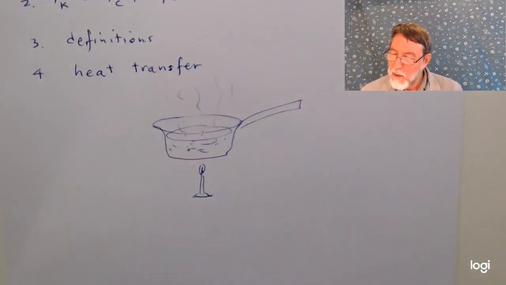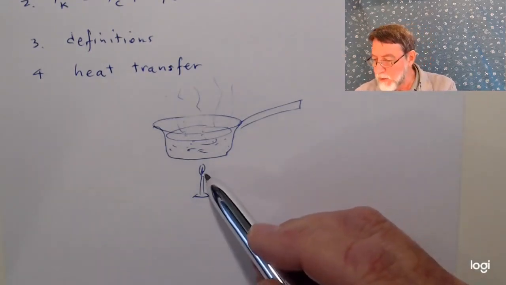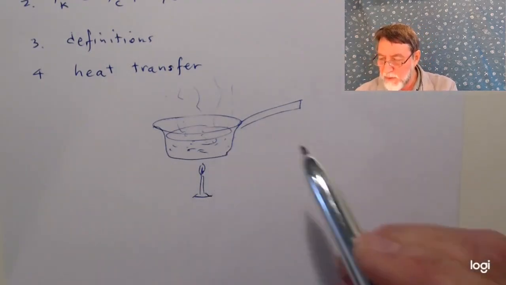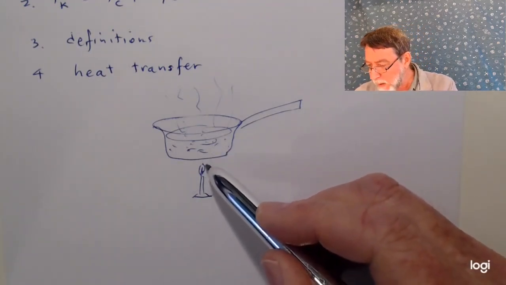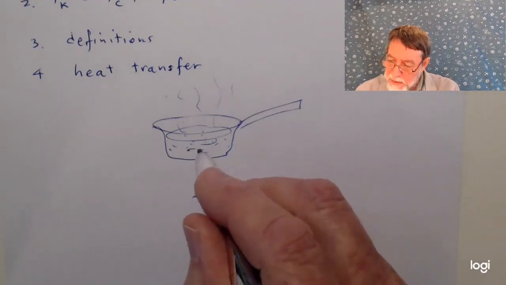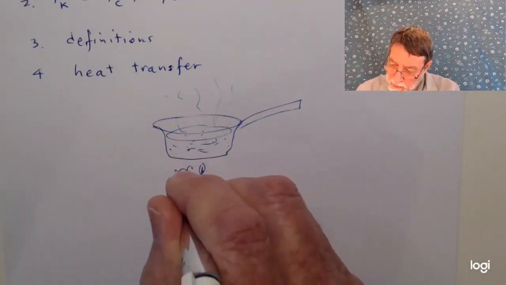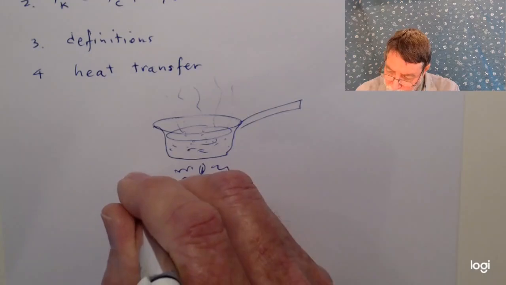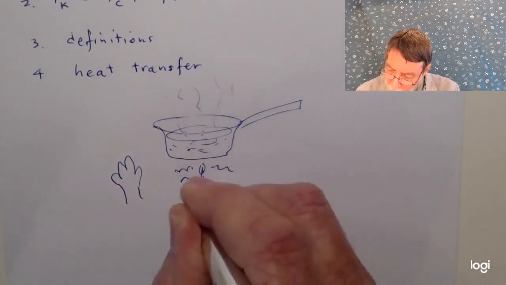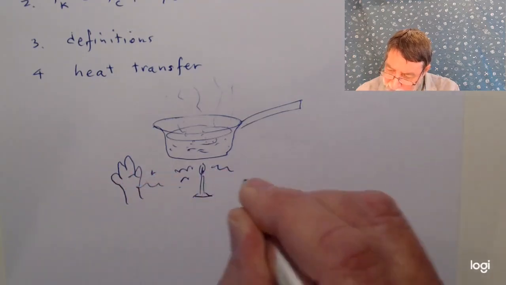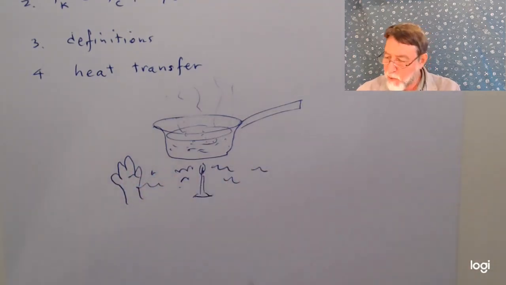Here's heat being transferred into the system of the saucepan. We've got some radiant heat coming from that flame. If you put a hand here, you could feel the radiation coming from that hot flame.